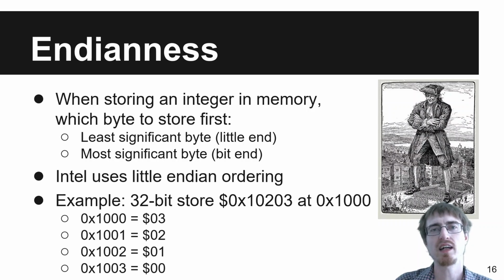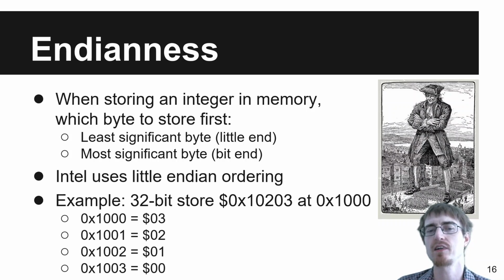So on the last slide, I was already kind of implying this, but let's discuss this explicitly. If we store an integer in memory that consists of multiple bytes, it's not obvious in what order we store the bytes. There's 2 possible ways. Now, in fact, there are more possible ways, but the other ways don't really make a lot of sense. There's 2 ways that make some sense.